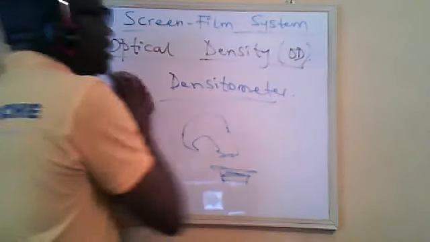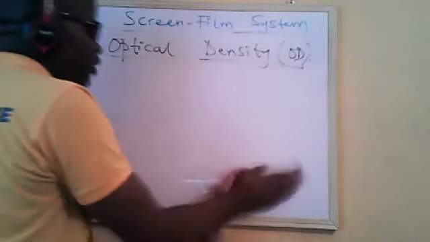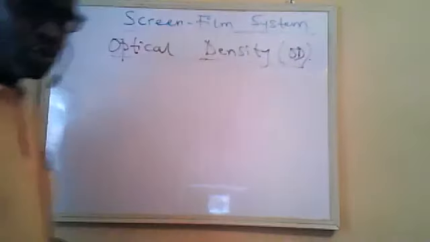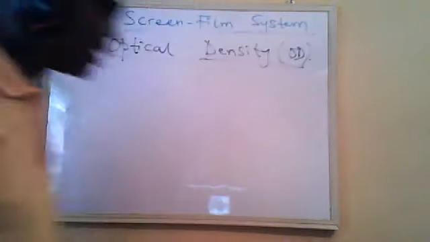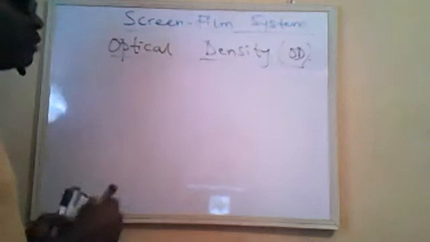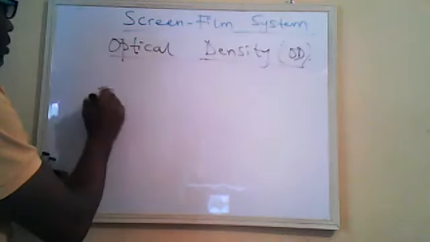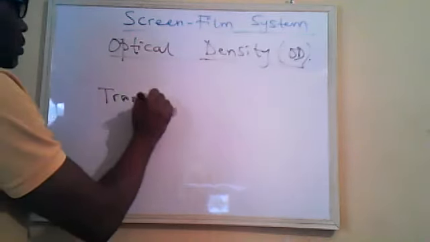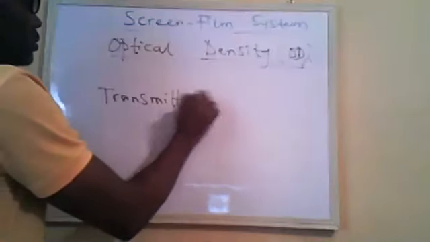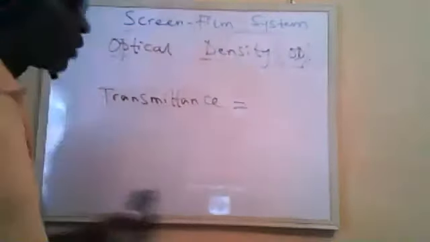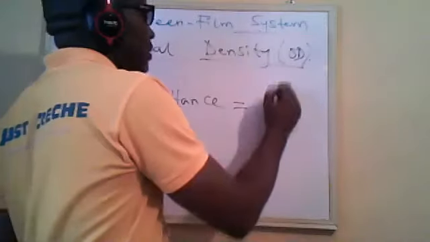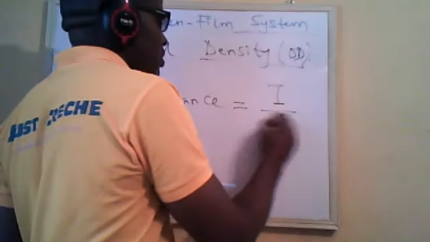Before that, I want to look at transmittance. In defining optical density, there are some things we need, such as the transmittance of light. Transmittance is actually defined through light intensity.